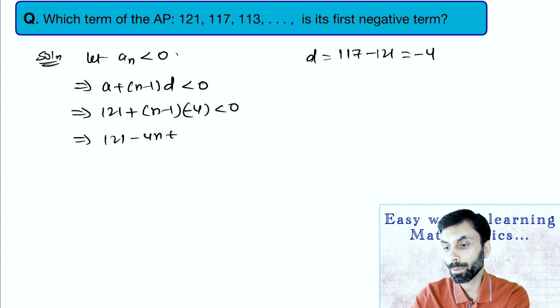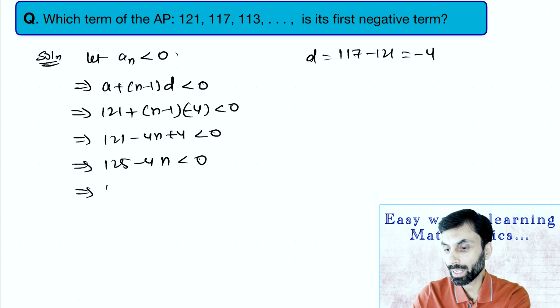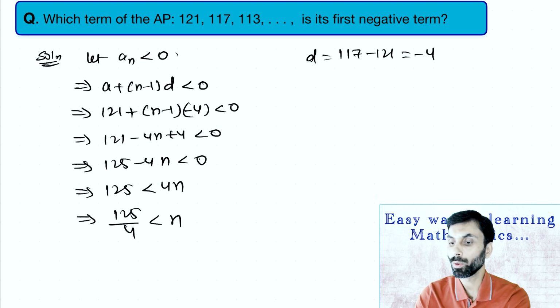which will be 121 minus 4n plus 4 less than 0, which we can write as 125 minus 4n less than 0, which we can write as 125 less than 4n, which can be written as 125 upon 4 is less than n. Remember, here we are dividing both sides by a positive number, so the sign of inequality will not change. In case you divide by a negative number, the sign of inequality will reverse.